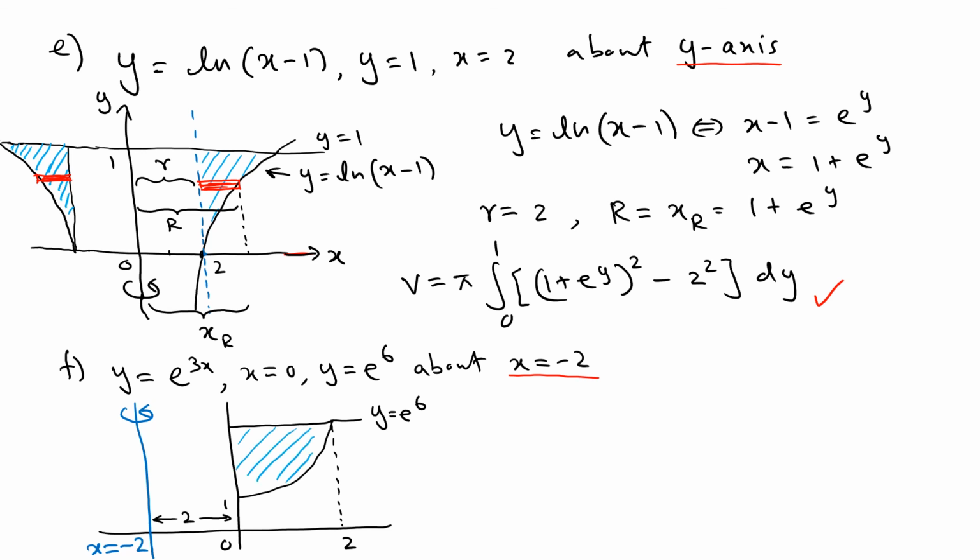So what we need is the typical two radii. This is how the cross section looks like.